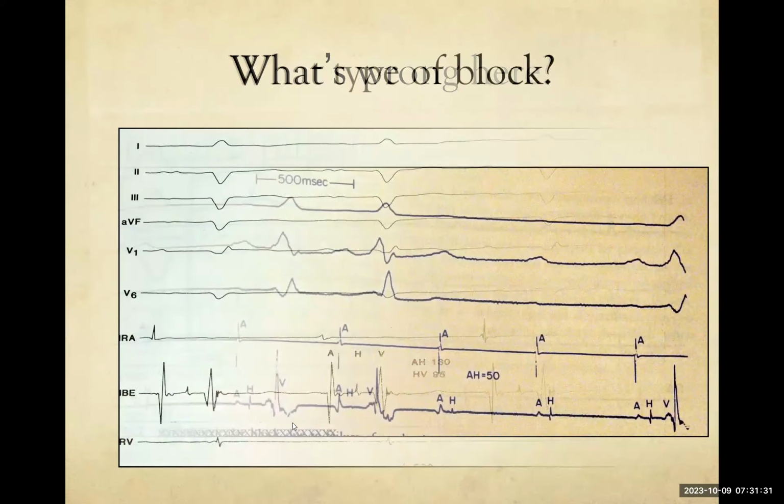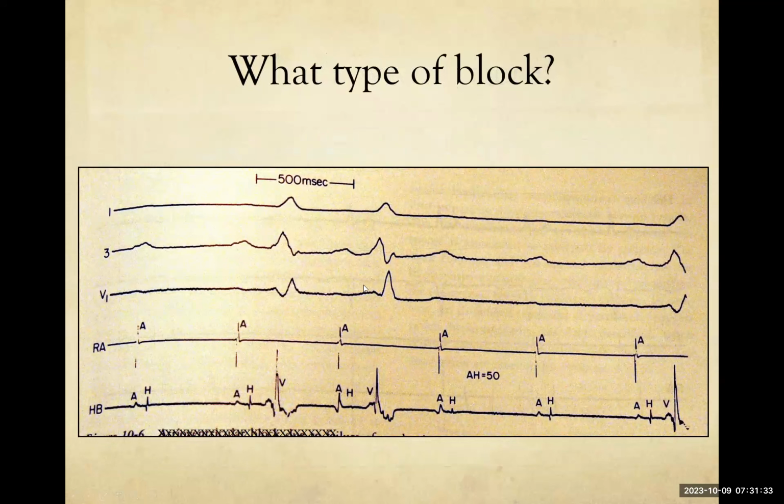And I'll just show you in this tracing, we see here the AHV, AH is fixed, but the HV is very long. And then here we have an AH and no V, and then another AH and no V. So this is a very nice intracardiac example of infrahisian block, or high-grade AV block.